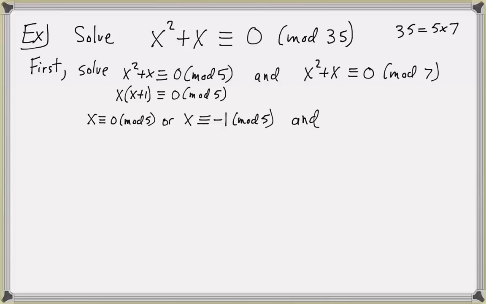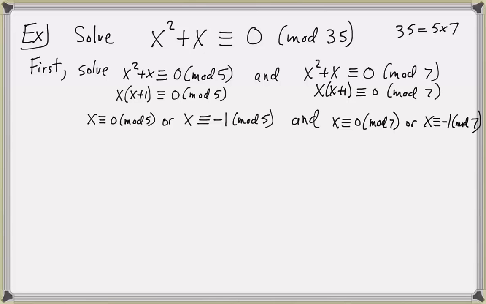And if we look at this congruence on the right, x times x plus 1 will be congruent to 0 mod 7, and x will be congruent to 0 mod 7, or x will be congruent to negative 1 mod 7.